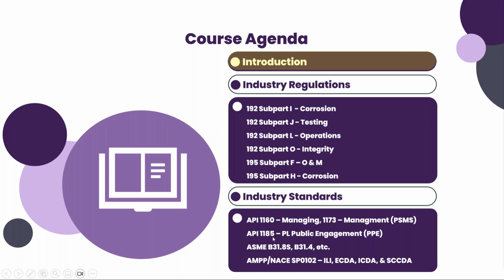And then also we have the new 1185, like I said, the public engagement, and then the B31.8 and so on and so forth. And primarily, we're going to be talking about the NACE documents too, and how they just started integrating their new integrity management program, the standard practice that has come out.